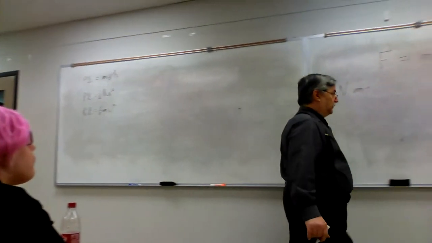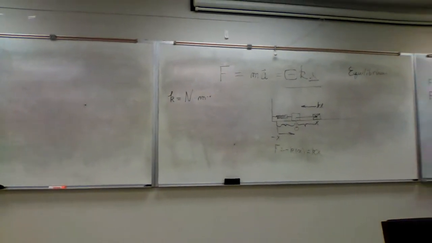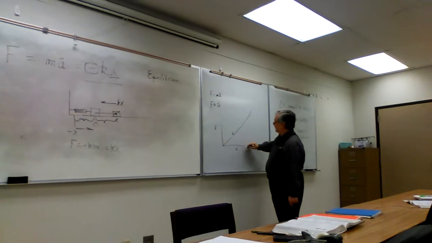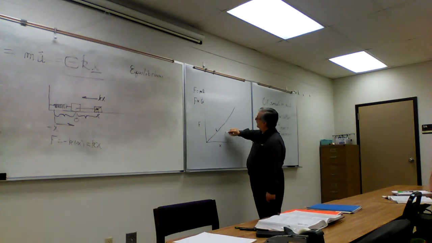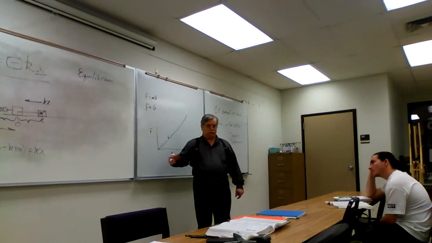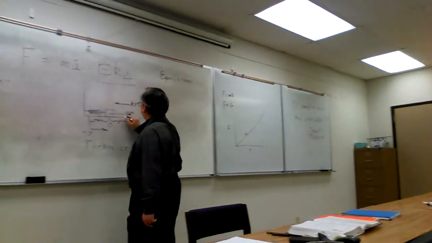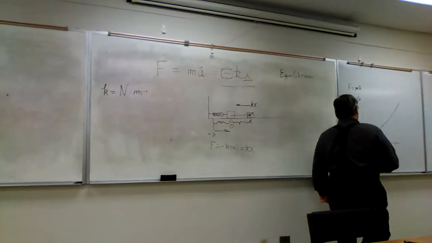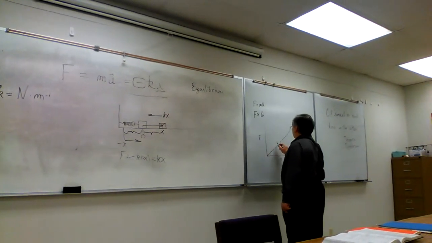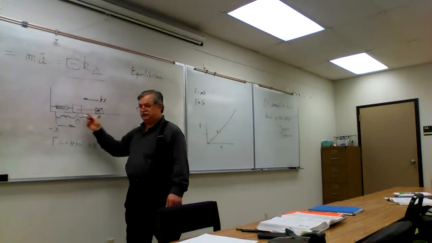The spring is going to be exerting this much force at the instant you let go. When the box moves back to here, halfway back from where it started, at that point, this is how much force. So the box is still being accelerated.